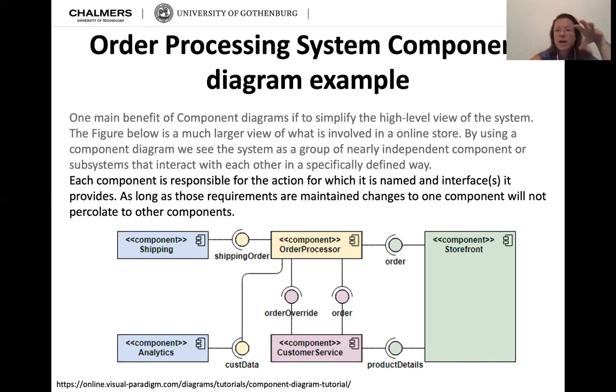So if I have my system structured like here, my order processing system, then it doesn't matter if I change something in the storefront, if I make that look different, because the interface to the storefront will still be the same. It doesn't matter if I change my shipping from FedEx to UPS or the other way around, or to another third-party provider, or if it's all done by PostNord, it will only be handled within shipping.